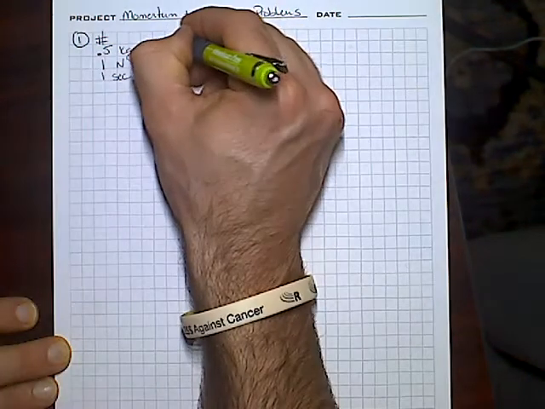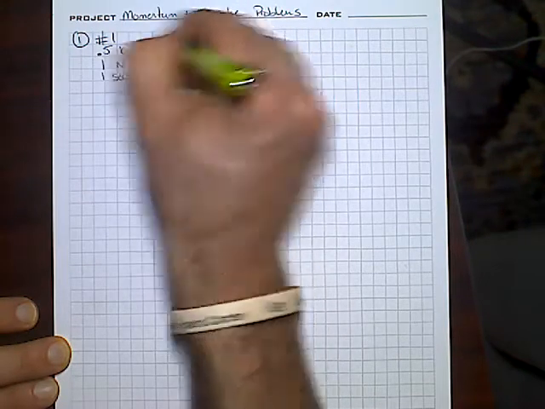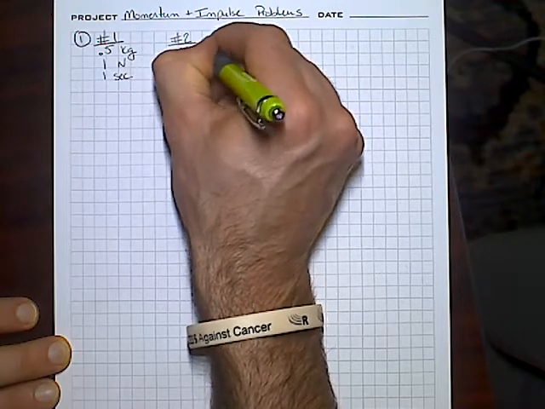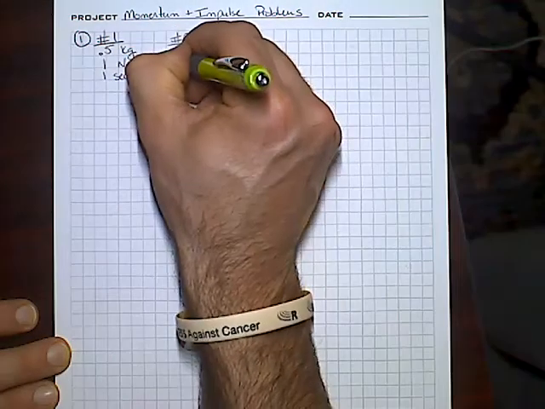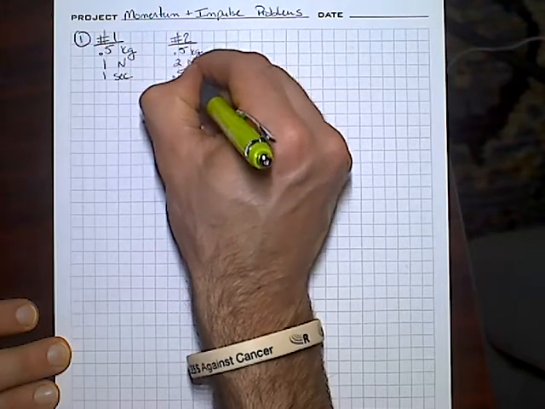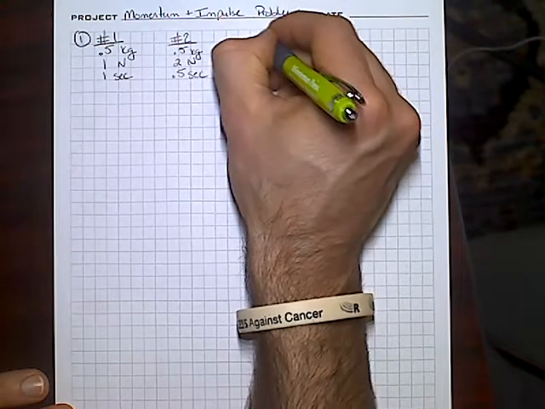Cart number two has a mass of 0.5 kilograms. It is pulled with a 2 Newton force and it is pulled for half a second. So, looking at this, we have to keep all of this in mind.